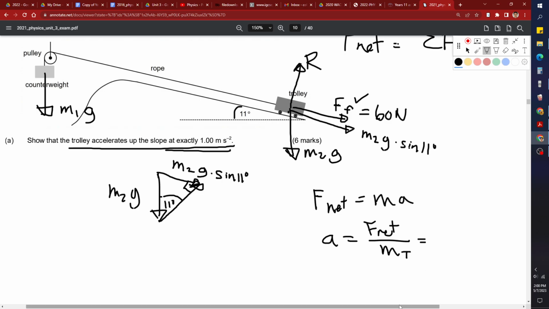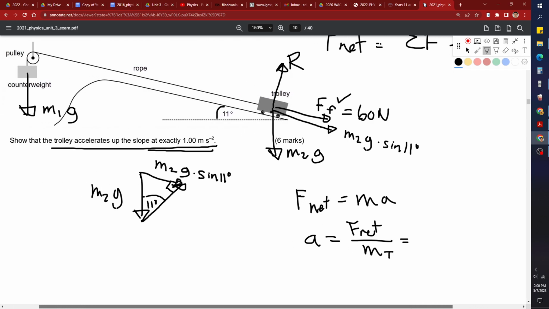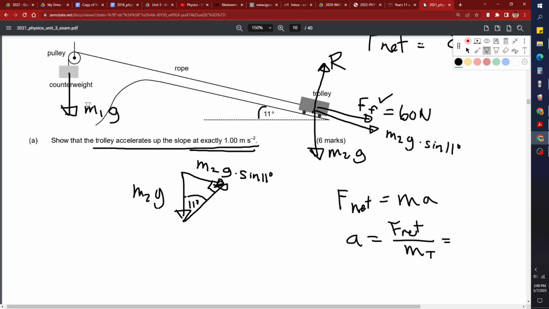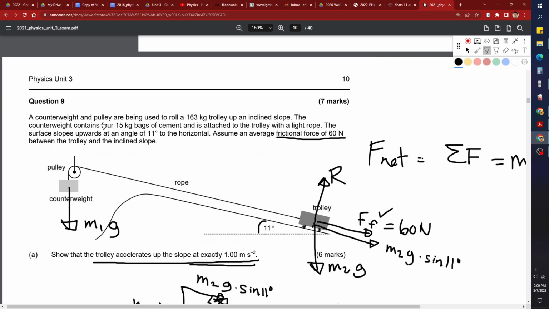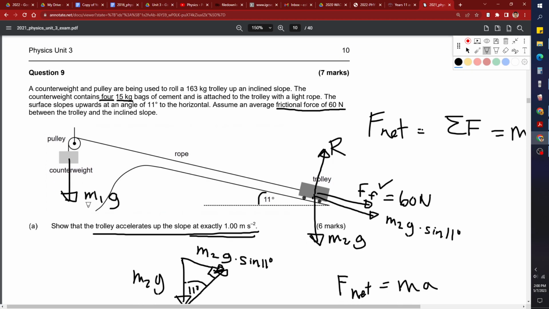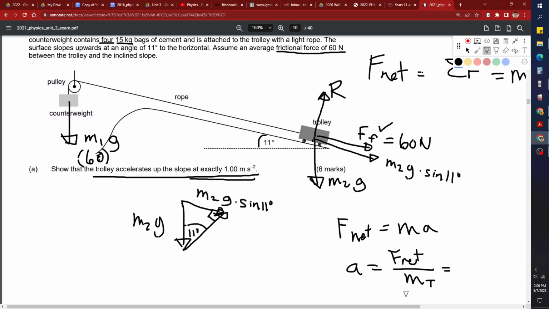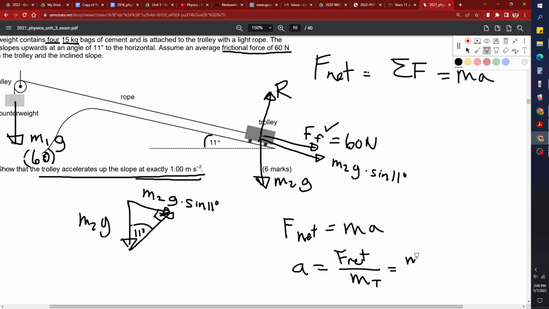Okay, so let's take a look at our net force and see what happens. So we have this one, M1 times g, and accordingly that is 4 bags that are 15 kilograms each. So we know that's going to be 60, okay? So I'll write here this first just so we get everything in.